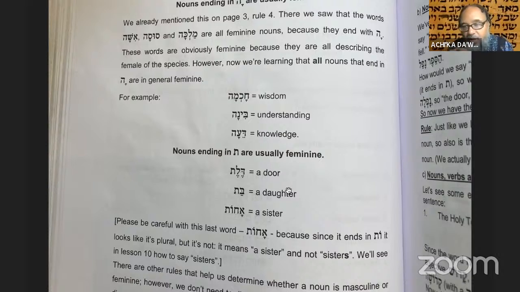This is the reason why we need to understand wisdom and understanding and knowledge, because they're all feminine. When Yah describes these things about wisdom, which is chokhmah, you hear that ah on the end, we have the binah, and we have the da'at. You hear that? So wisdom, understanding, and knowledge are all feminine.